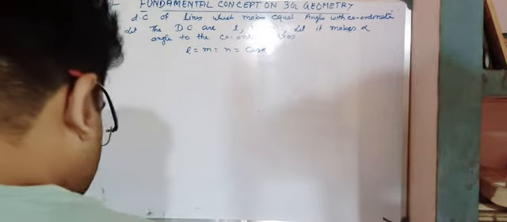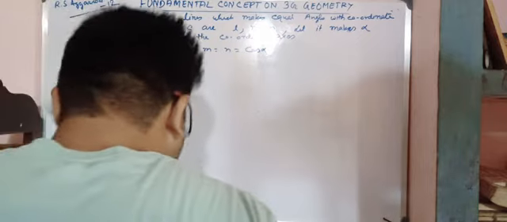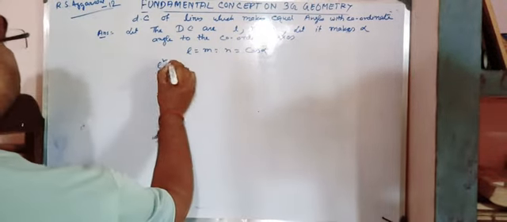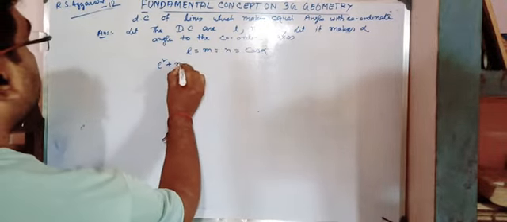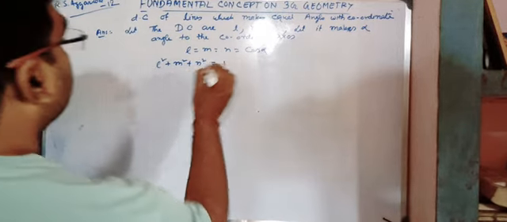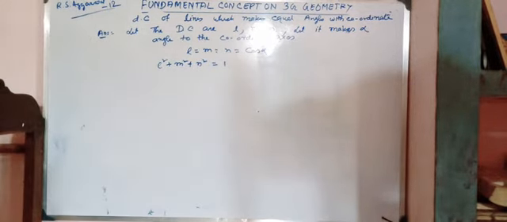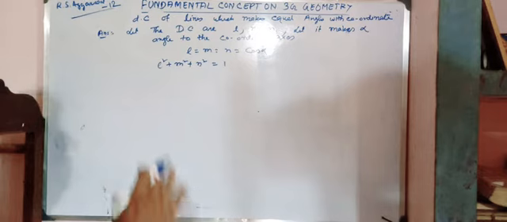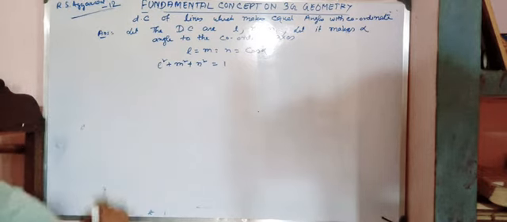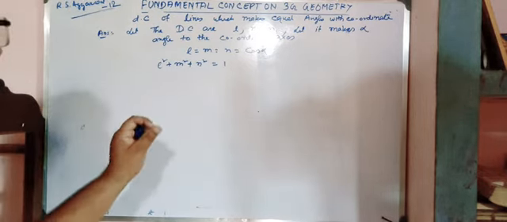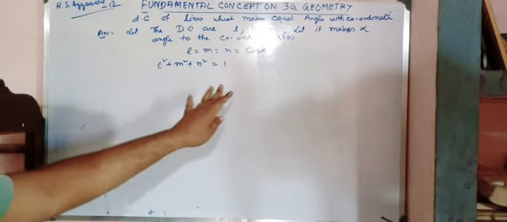Now as we know, l square plus m square plus n square is equal to 1. If you need the proof of this, I will also show you. For solving this question, remember that l square plus m square plus n square is equal to 1.